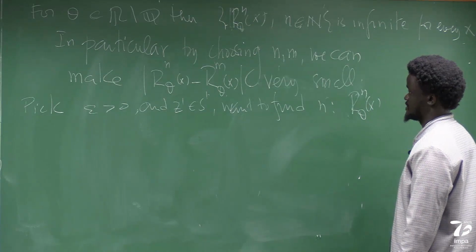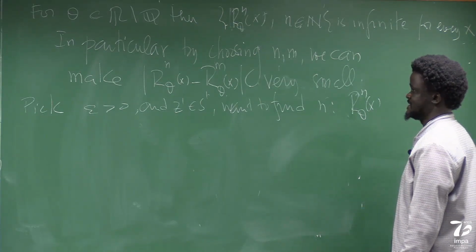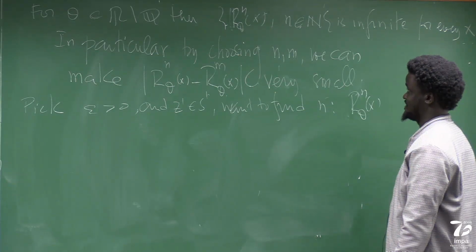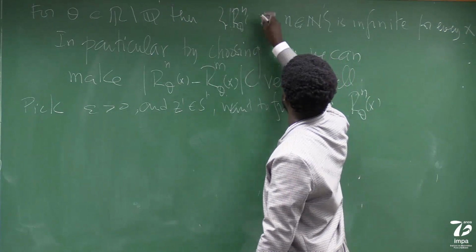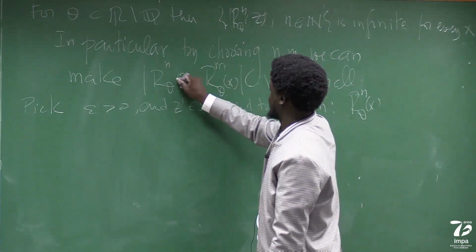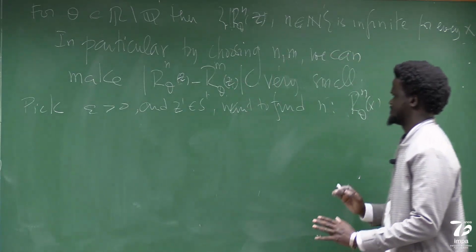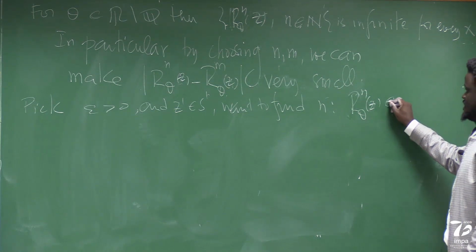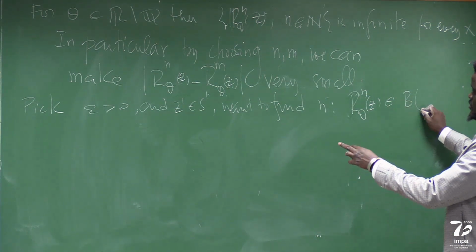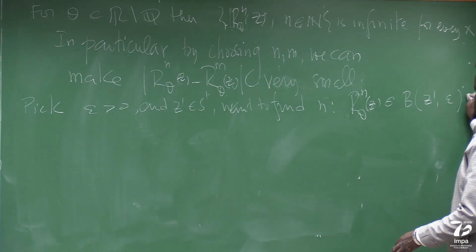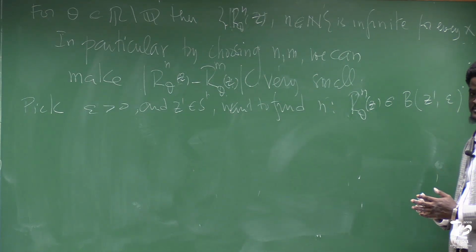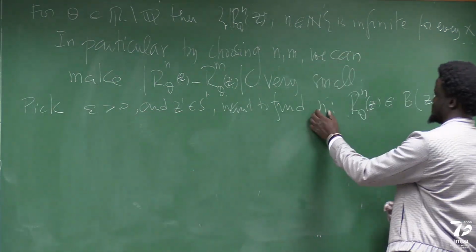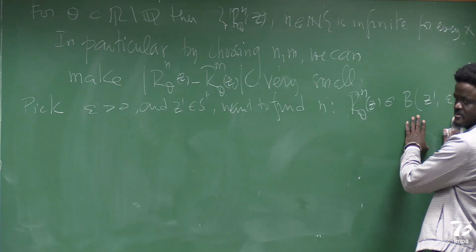I'm mixing up the notation, so you will forgive me if I skip to be coherent with the notation here. This is what being dense means: any small neighborhood I choose, I can find an iterate that falls in that neighborhood.